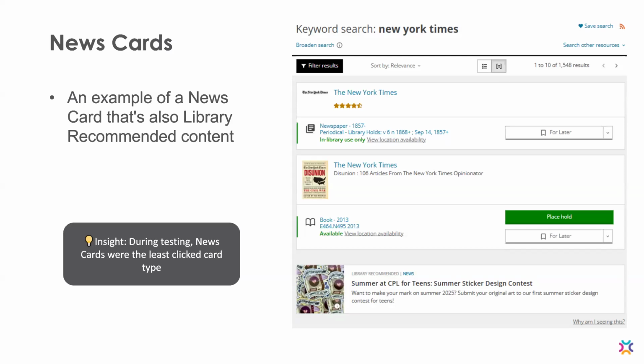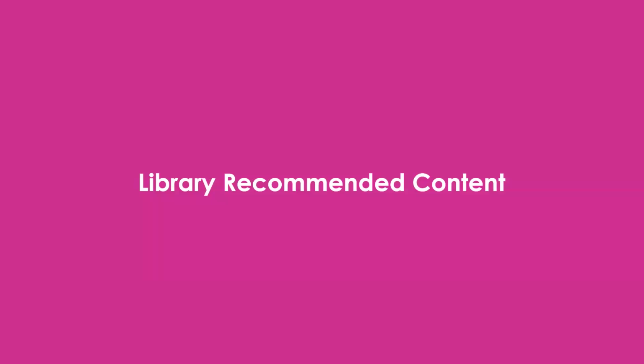You'll just have to think about what might be more beneficial. Is it helpful to promote news posts on your library site? I guess it depends on the news, but this one I just don't see too often. So those are our different content types.